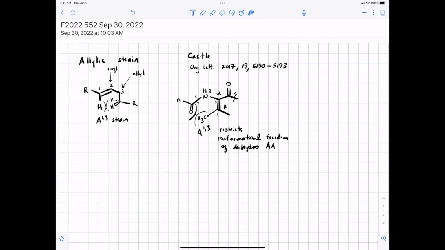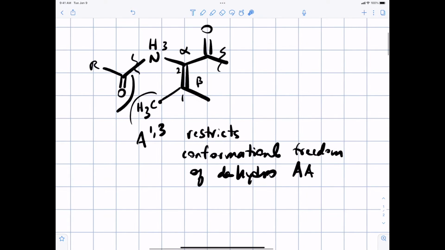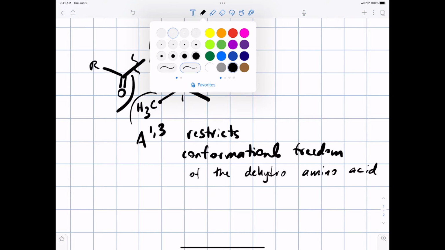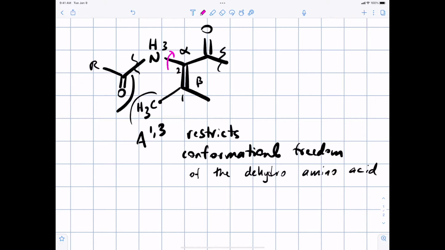Let's talk about rings. What was the conformational freedom? It restricts the conformational freedom of the dihydroamino acid. Rotation around, I told you I wouldn't do this, rotation around this bond is given, the dihedral angle about this bond is given the Greek letter phi.